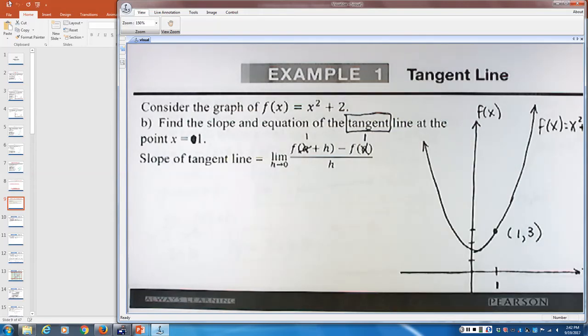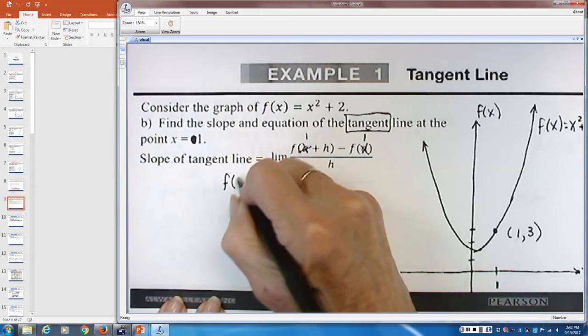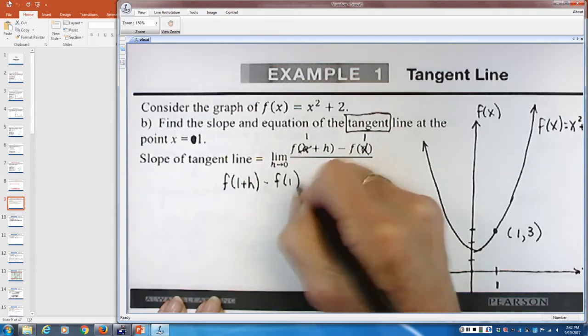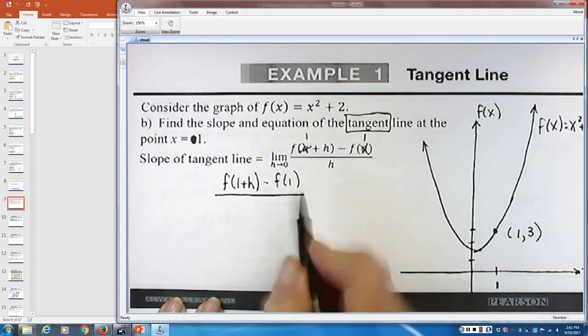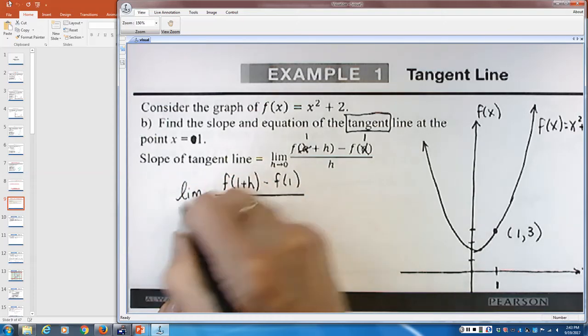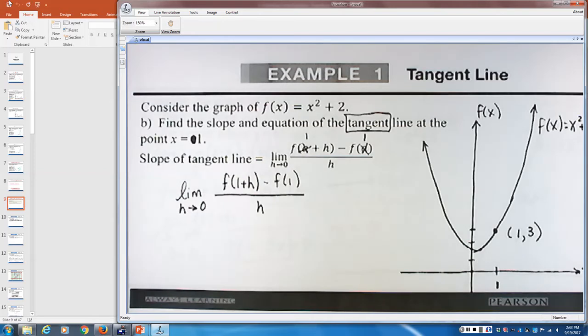So starting out, we're going to do f of 1 plus h minus f of 1 over h, and we're going to take the limit as h approaches 0 once we get finished.